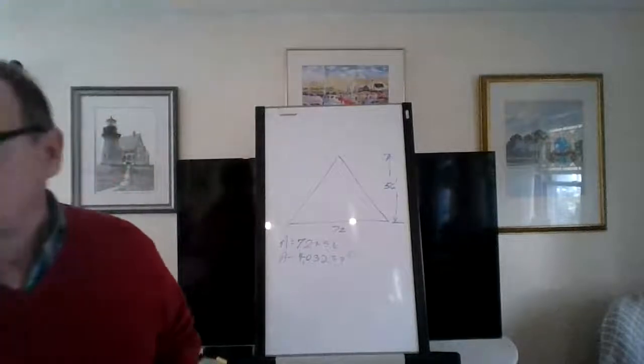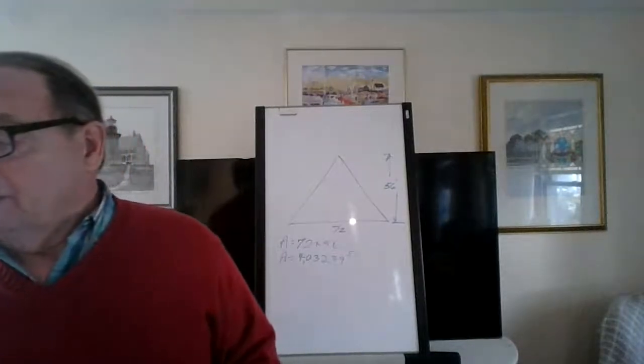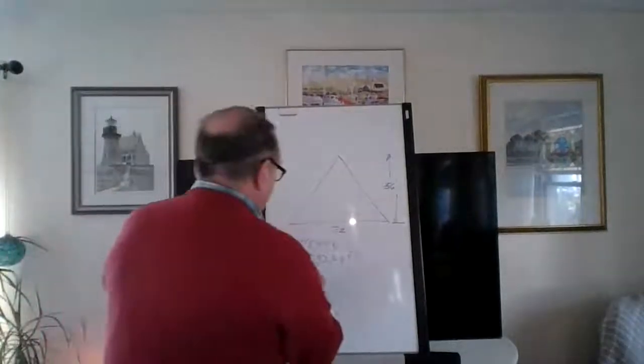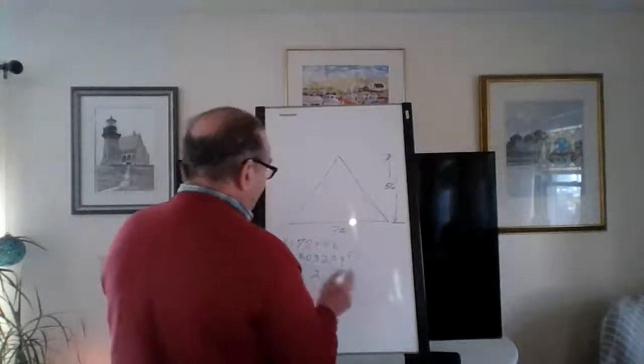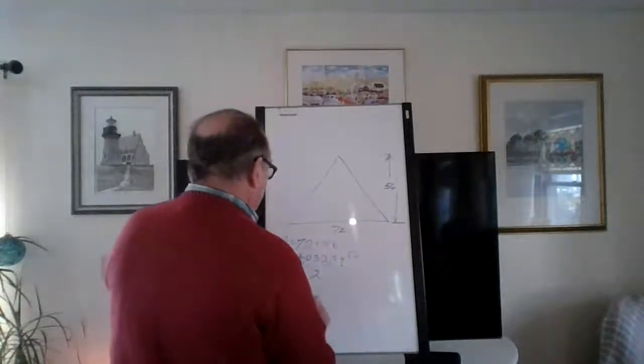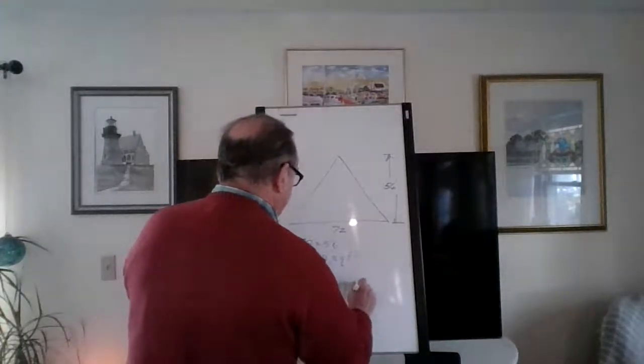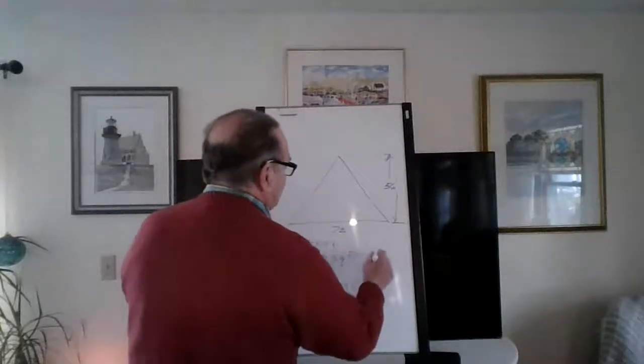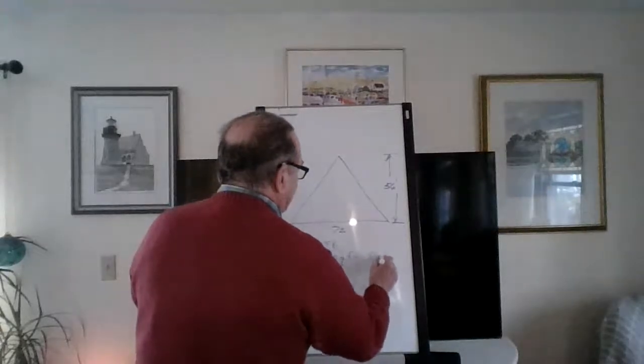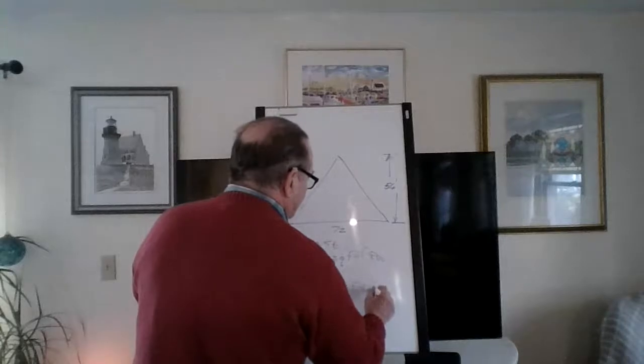That's it. Okay, and you got to divide that by 2 to make this a triangle. So this comes out to 2,016 square feet. Okay, we'll call this one a rectangle. This is a triangle.